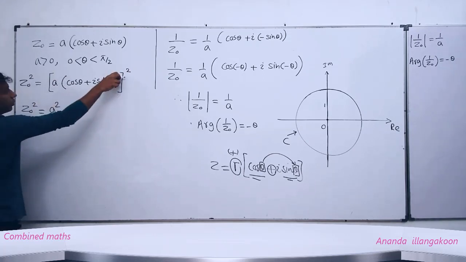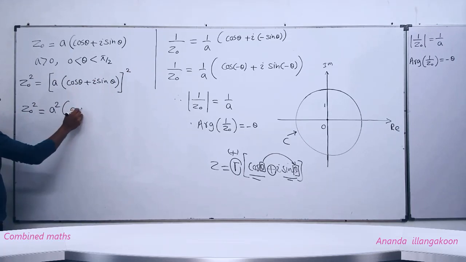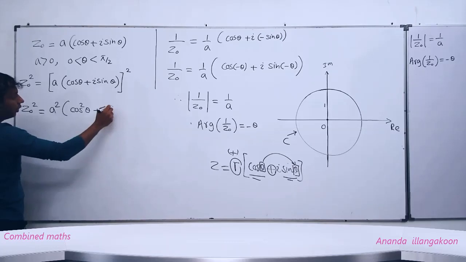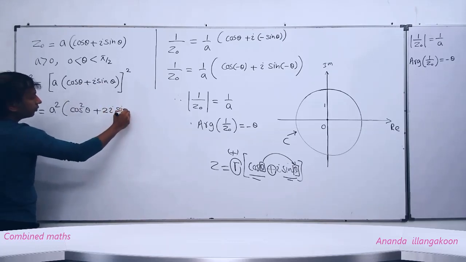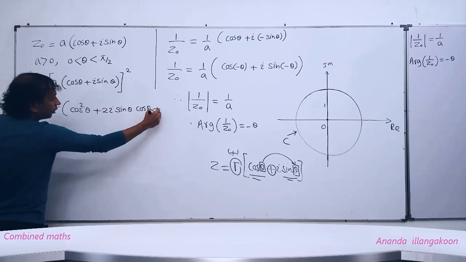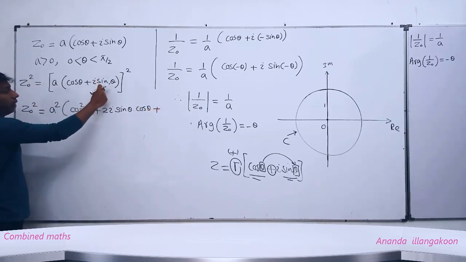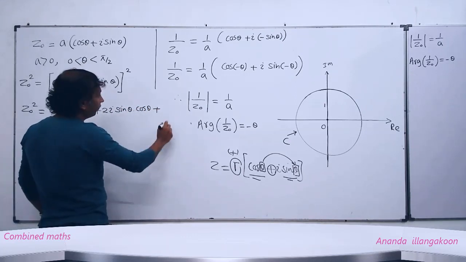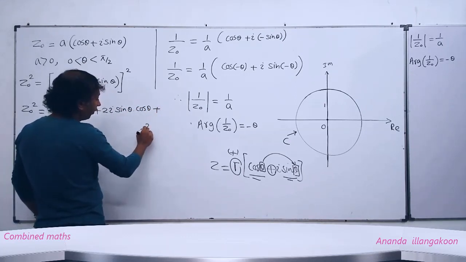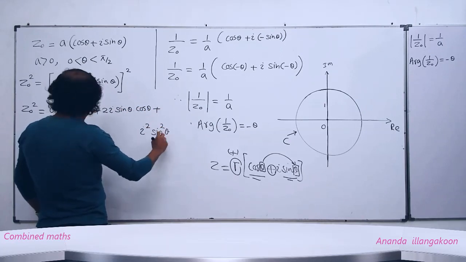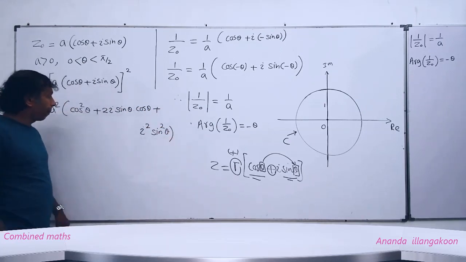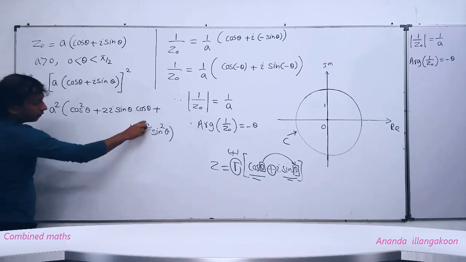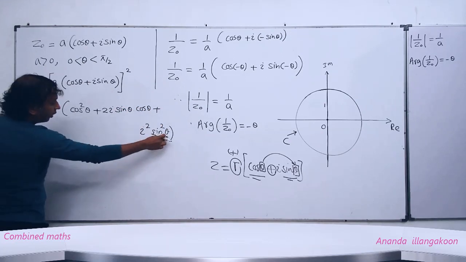Now square of this, what is that? Cos square theta plus 2 times I sin theta cos theta plus I squared sin square theta. Here I squared is minus 1, so minus sin square theta, here cos square theta.